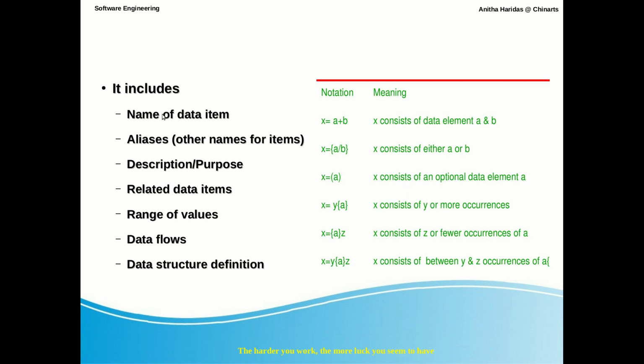So all these things will be specified in the data dictionary. All this detailing cannot be specified in your DFD. So what you are going to do? All this detailing can be given in your data dictionary.